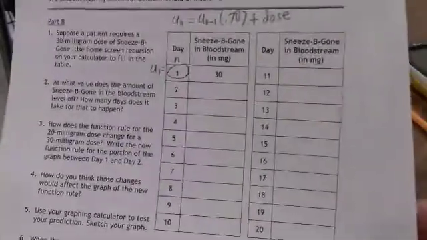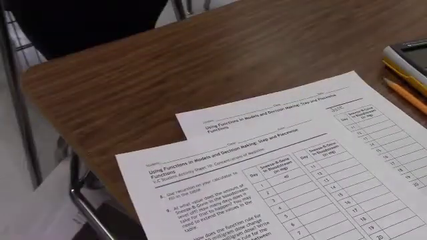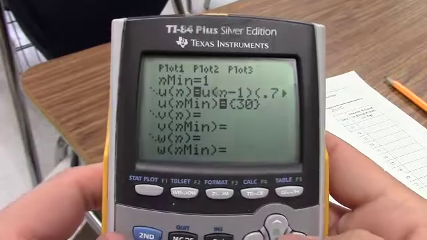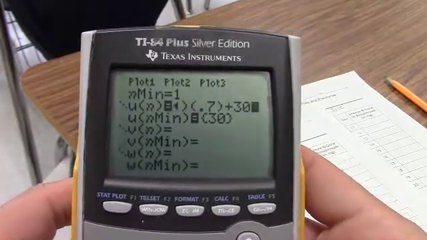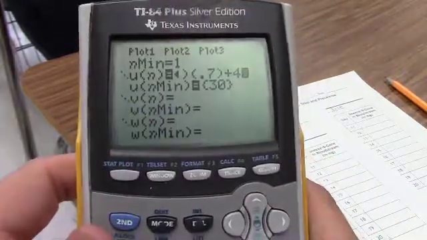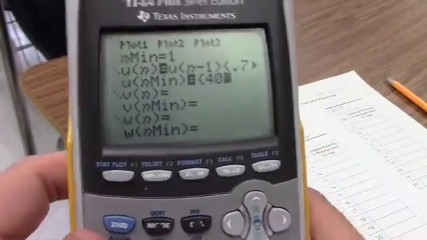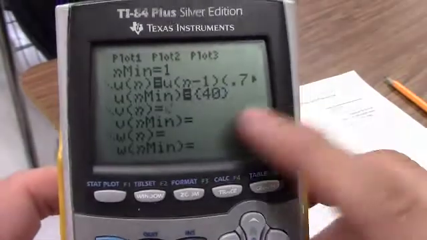And of course, if this here is for 30 milligrams, if I go to 40 milligrams, all I have to do is change a few things. I go back to the calculator, hit Y, and I look for where I put in 30. Well, there's 30, and now I'm going to change that to 40. And then also I have 30 right there. Now, I forgot to note the brackets.